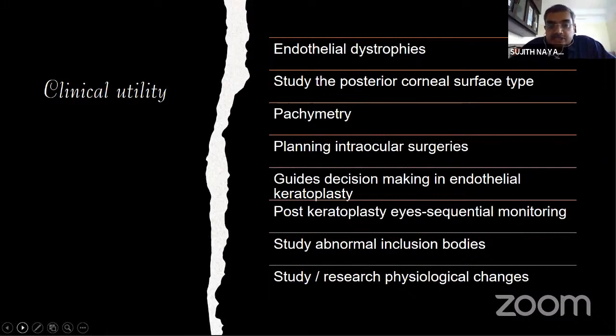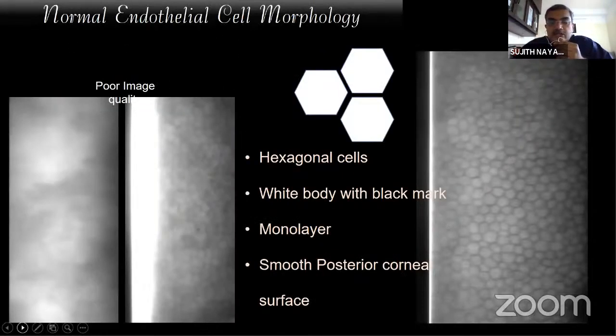It guides the decision making and the timing in doing endothelial keratoplasty as well as penetrating keratoplasties. It helps in monitoring the patient sequentially in a post-keratoplastic eye. It helps in studying certain abnormal inclusion bodies, which is useful in clinical as well as research purposes, and also helps in determining certain physiological changes in the cornea.